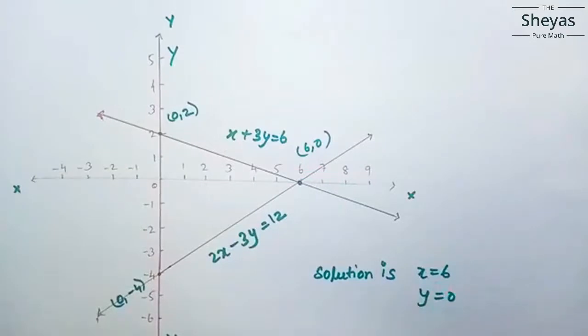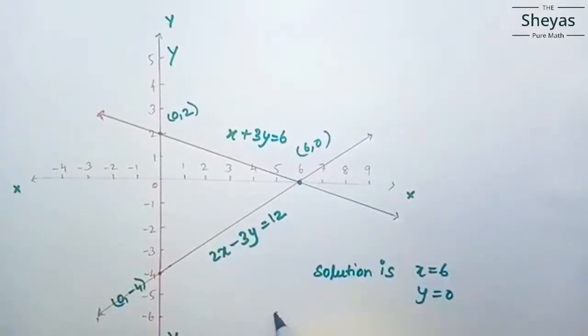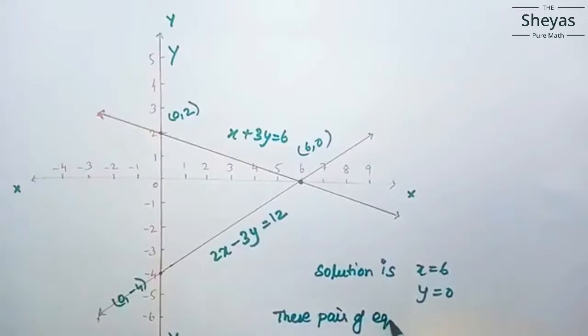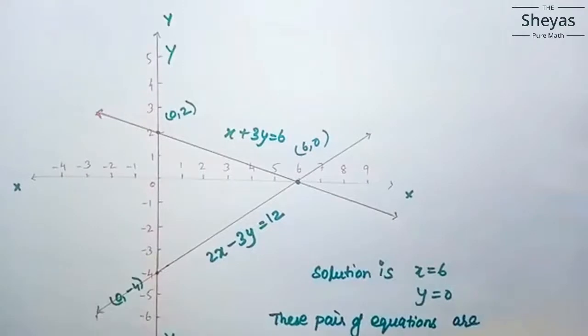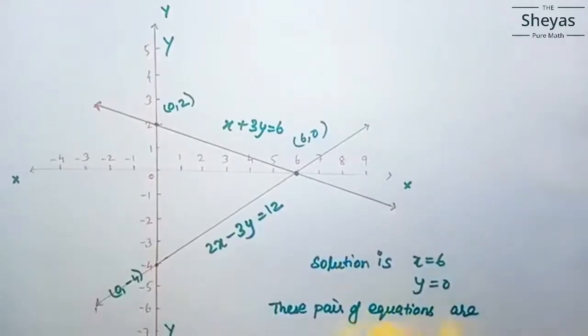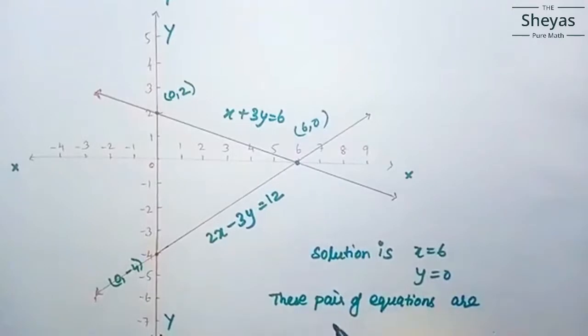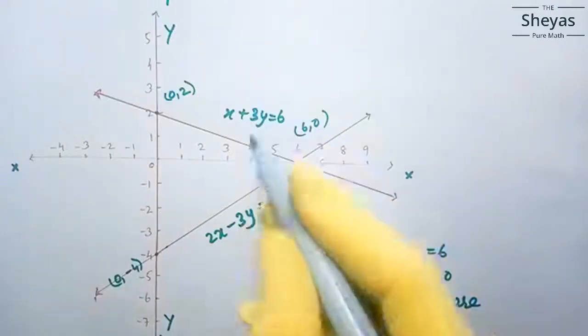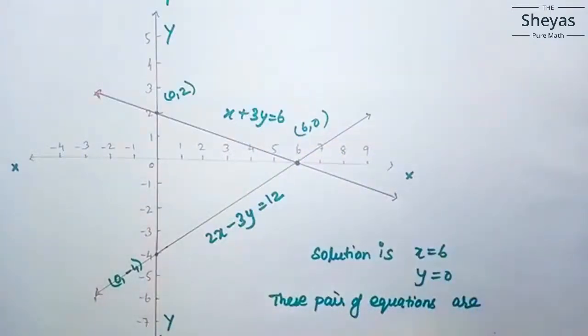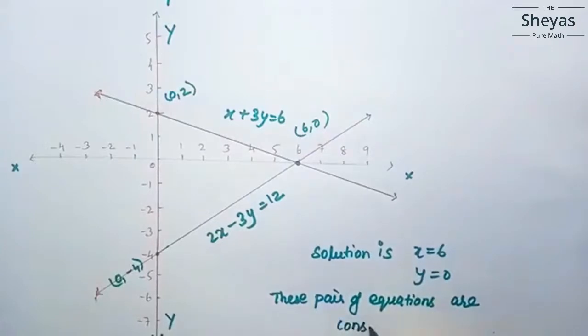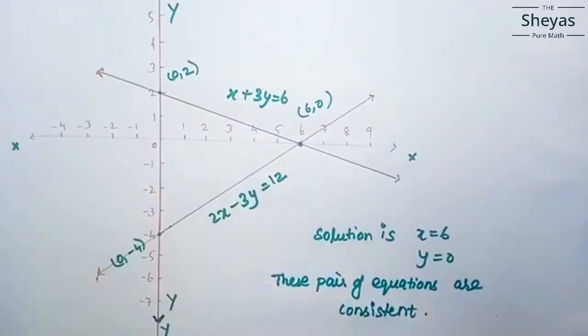We can say that these pair of equations are consistent because they intersect and have a unique solution. These pair of equations are consistent according to our first condition.